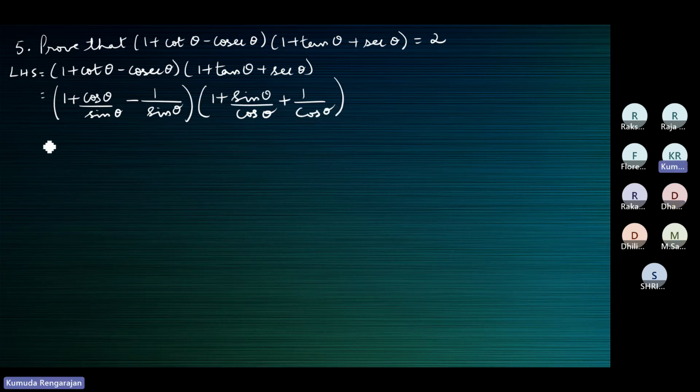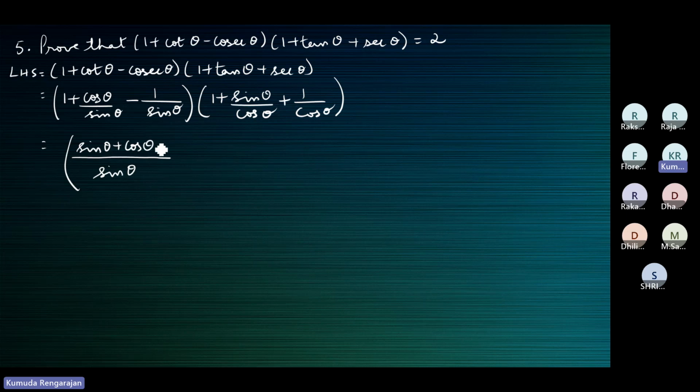Very good. Next step obviously is taking a common denominator. So what will you get in the numerator here? Sin theta plus cos theta minus 1, over sin theta.